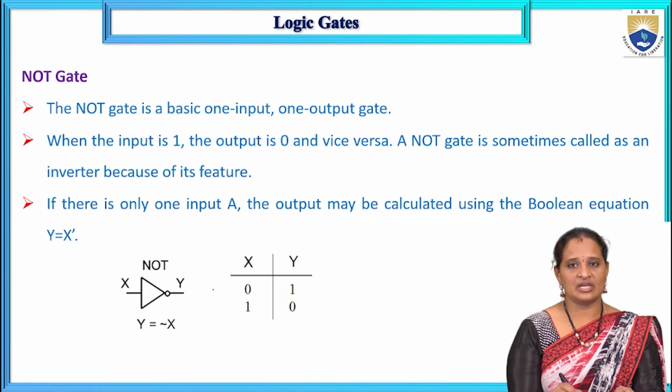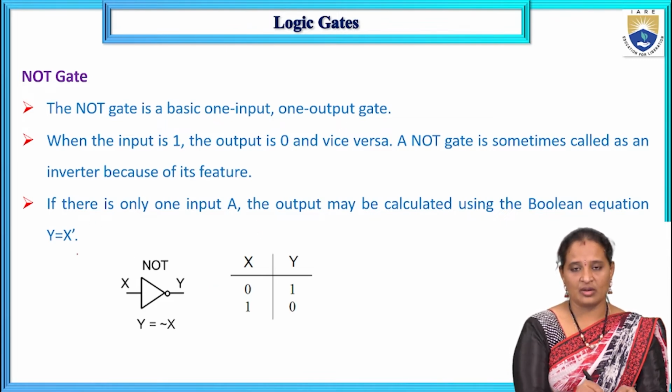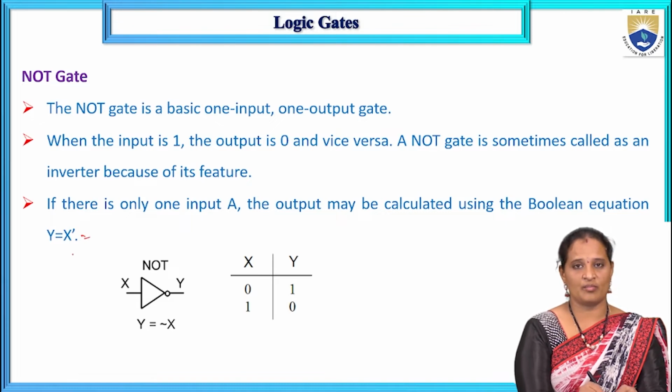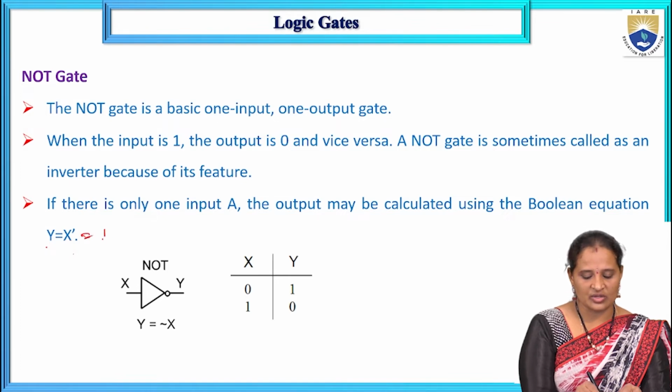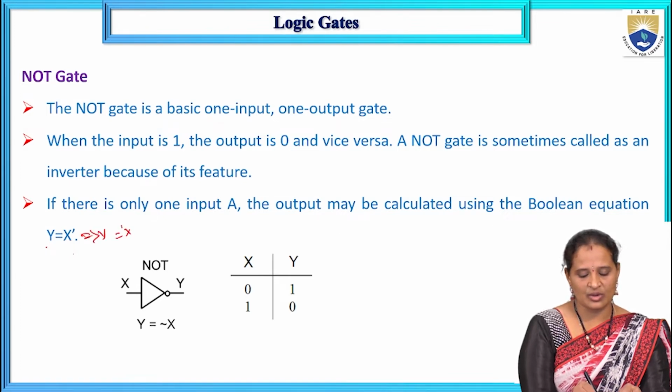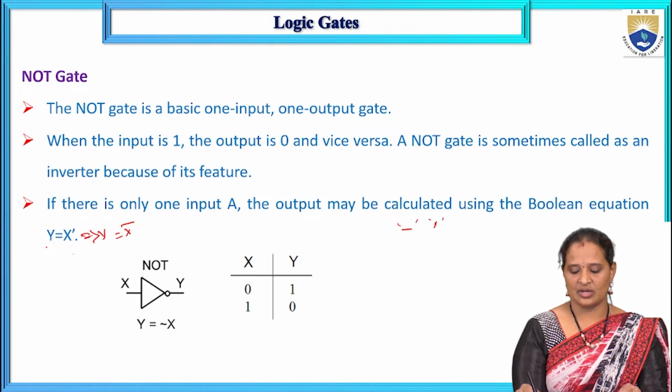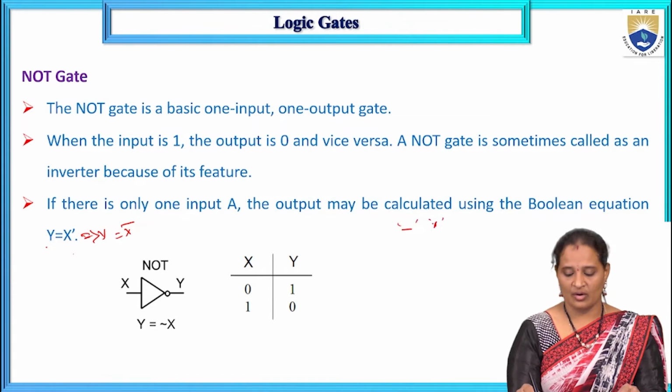Coming to the logical expression, the inversion can be represented with complement. Y is equal to X complement, where X is the input and Y is the output. We can also represent Y is equal to X bar. That means the bar, or single quote, or complement operator will represent the NOT operation.